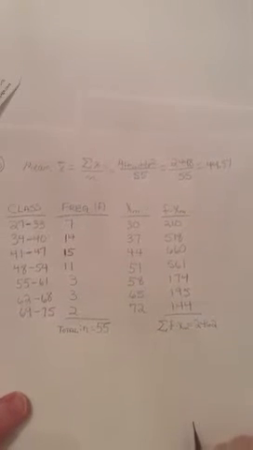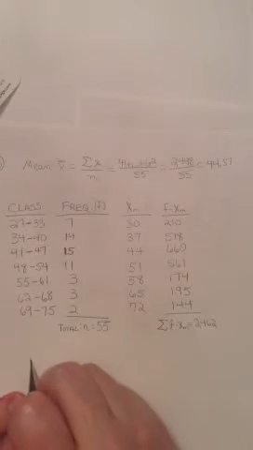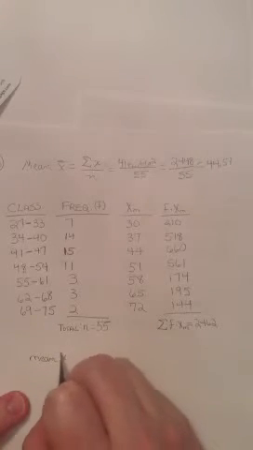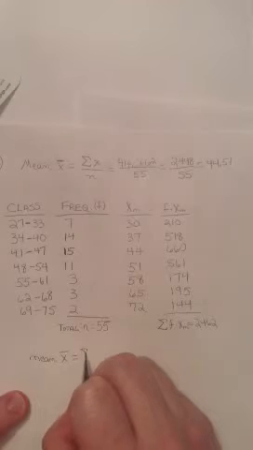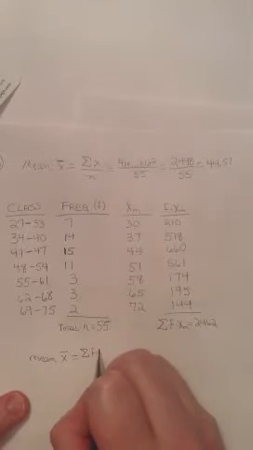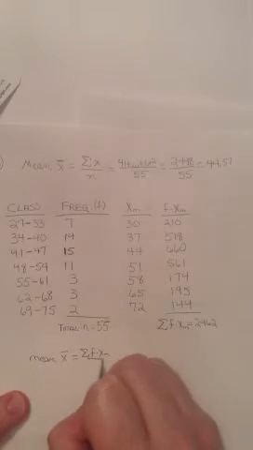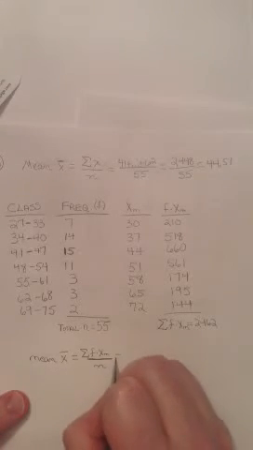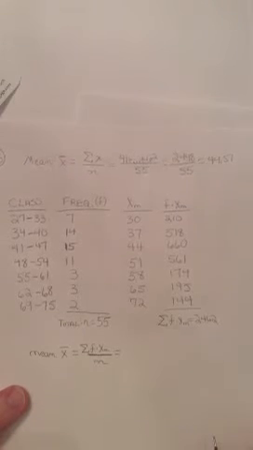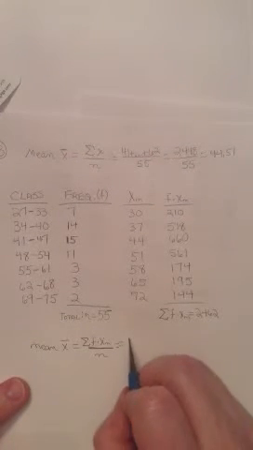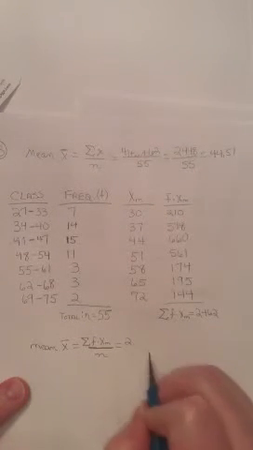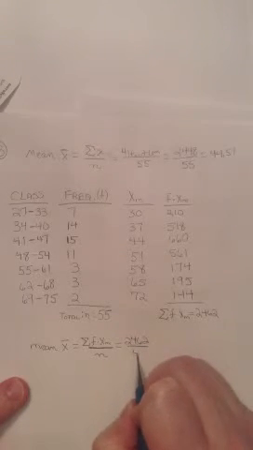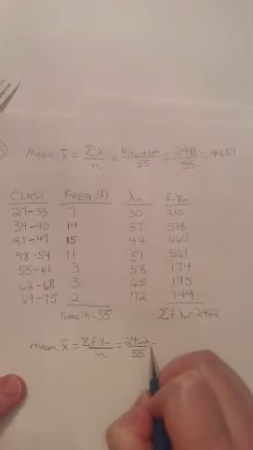And so in the determination of the mean, this time in the context of the group frequency distribution, again we have N at 55, since that's how many people there were who signed the Declaration of Independence. So for the mean in this context, we have the quotient of 2462 over 55.